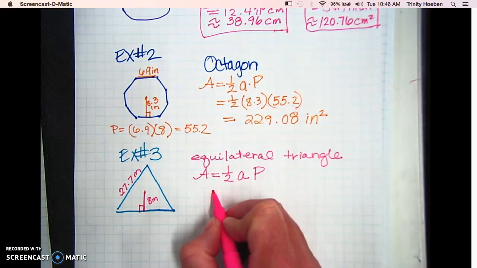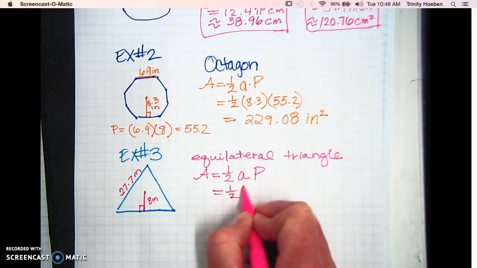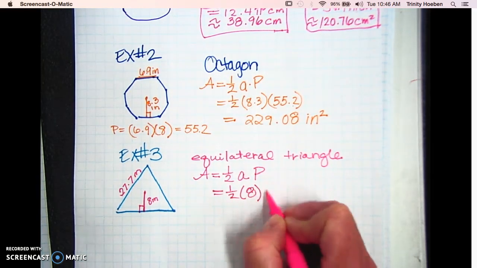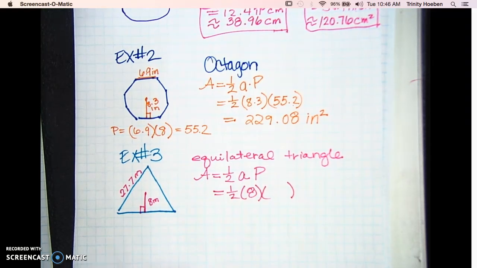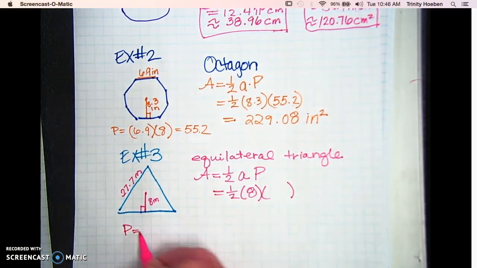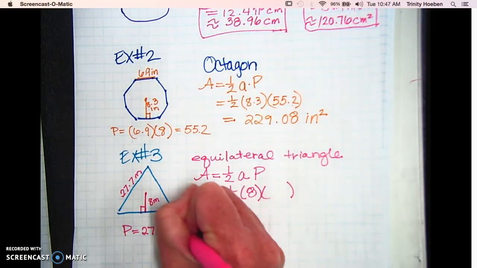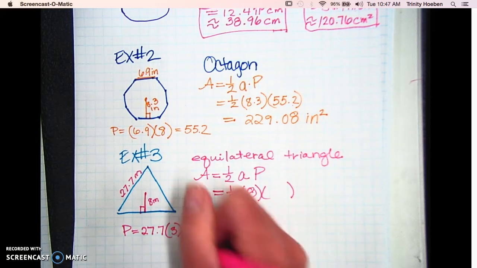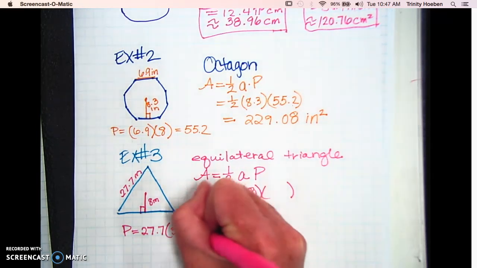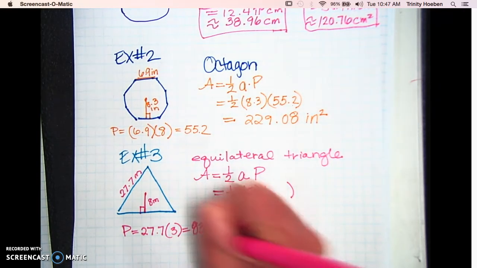Okay? So we're going to substitute in the apothem, which we know is 8. We just need to get the perimeter. We know one of the sides is 27.7. How many of them are there? 3. So we're going to multiply that by 3. Punch it in the calculator. You should get 83.1.